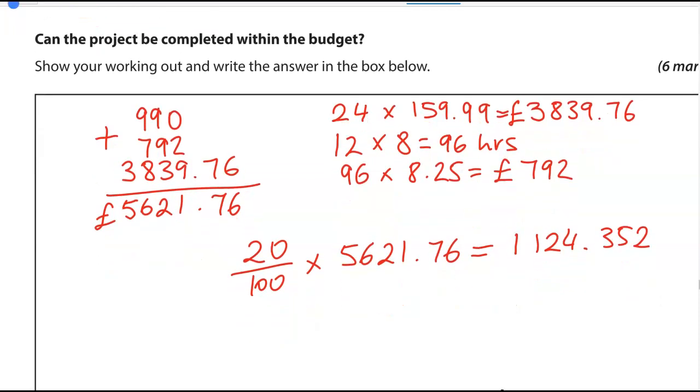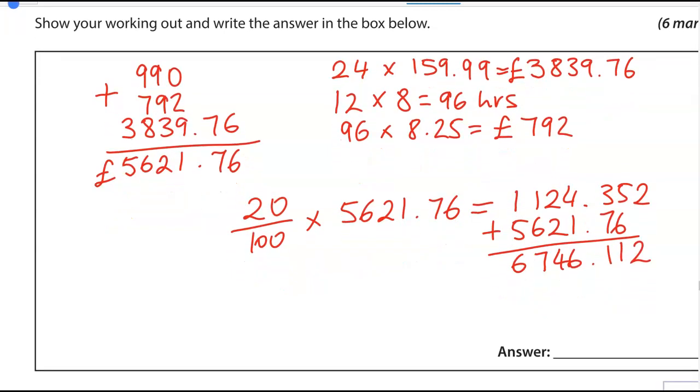So if we add that on top of the 5,621.76, we get 6,746.112. Now, as this is money, we're going to round it to £6,746.11. So this is below 5, that's why we rounded to 11p and not 12p.